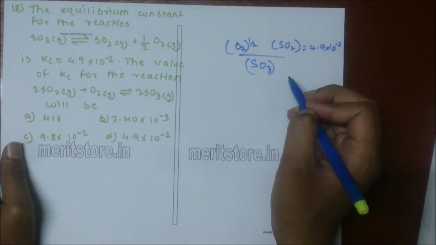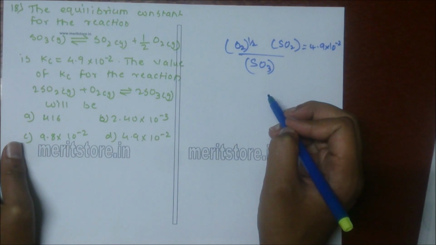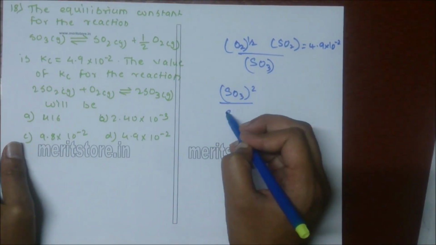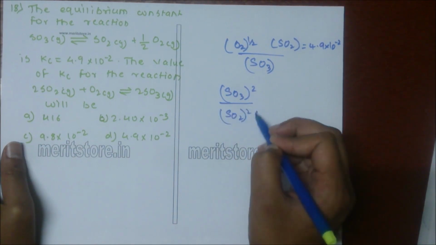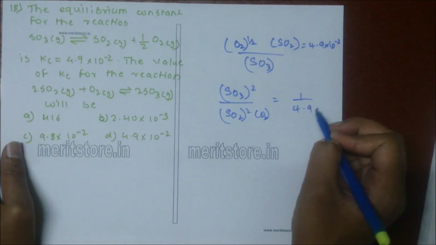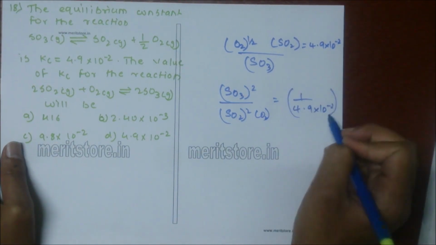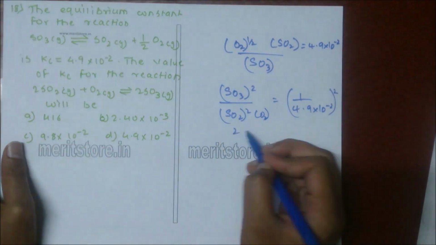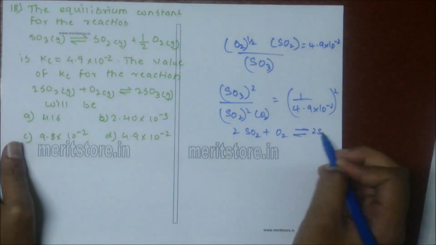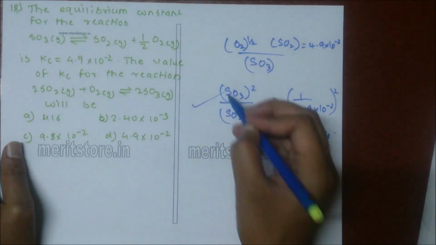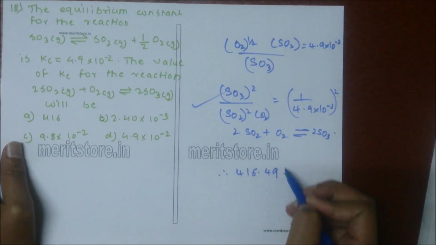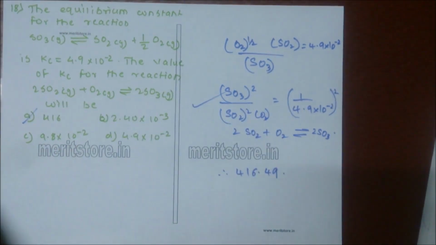The value of Kc for the required reaction, [SO3] square divided by [SO2] square and [O2], is equal to 1 upon (4.9 into 10 raised to minus 2) the whole square. We get this from 2SO2 plus O2 giving 2SO3. On solving this, we get 416.49. So option A is the correct and appropriate answer.